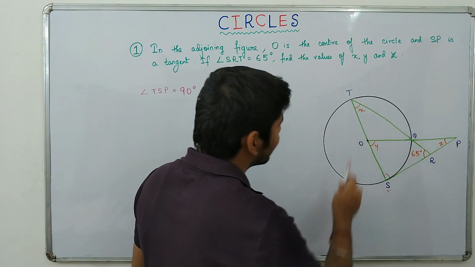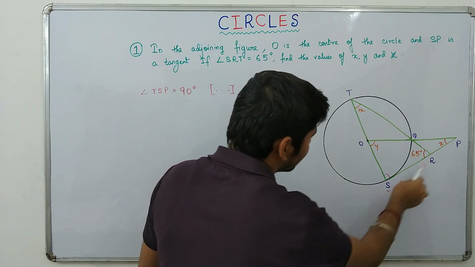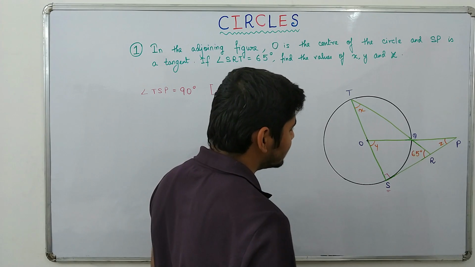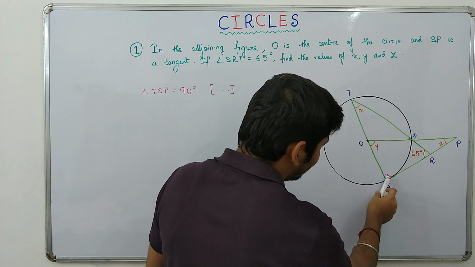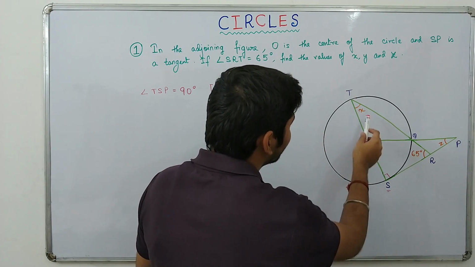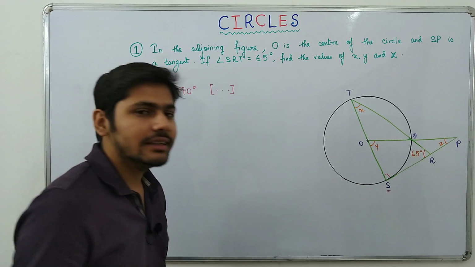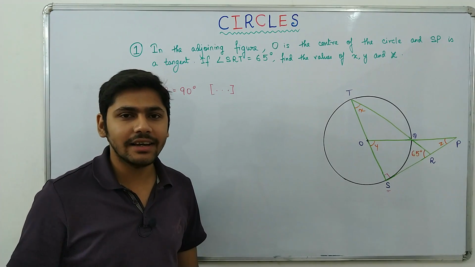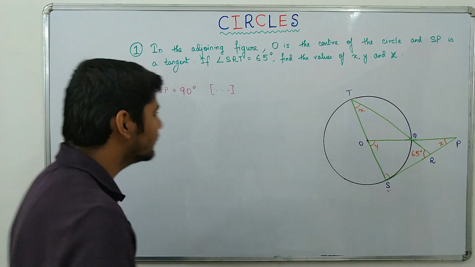Now check out triangle TSR. In triangle TSR, we know two angles, 90 degree over here and 65 degree over here. So we can easily calculate X over here because we know the sum of all three angles of a triangle is 180 degree. So let's do it.